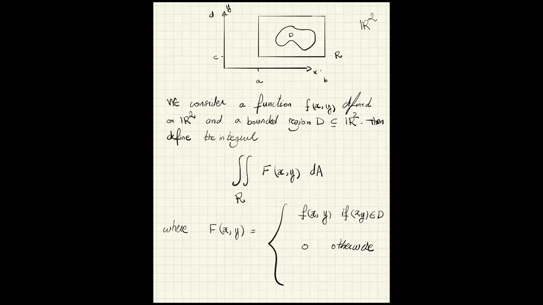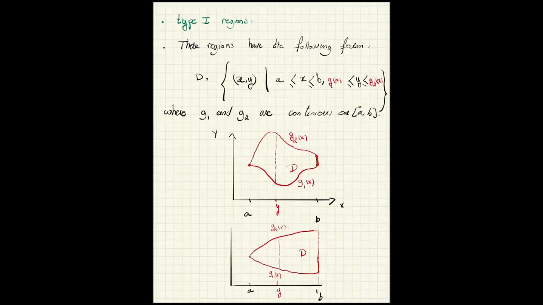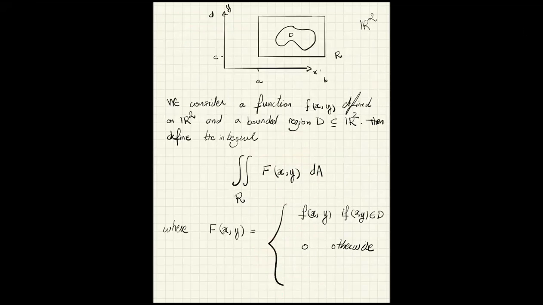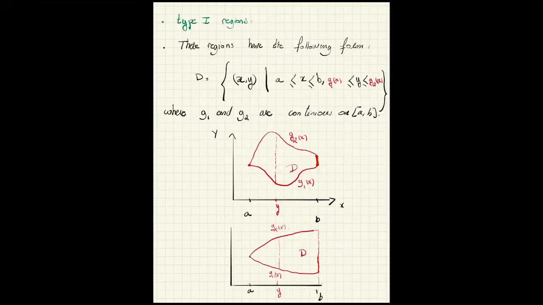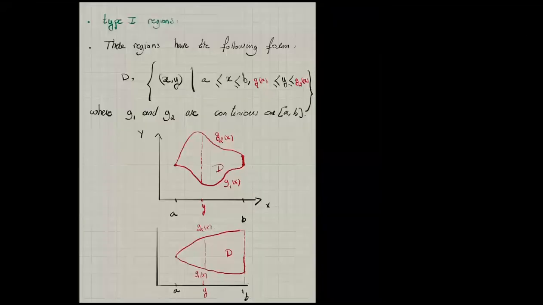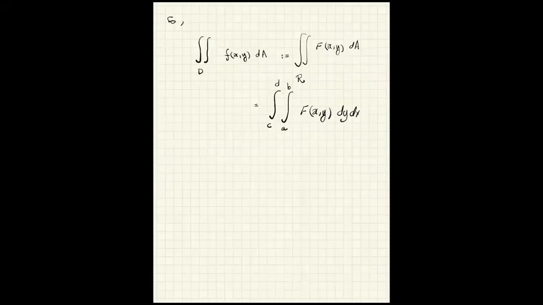It's not the best thing, but just to save some time. I'm talking about this rectangle here, AB and CD, and this region D looks like something like this. So this is what I mean here by A, B, and C.